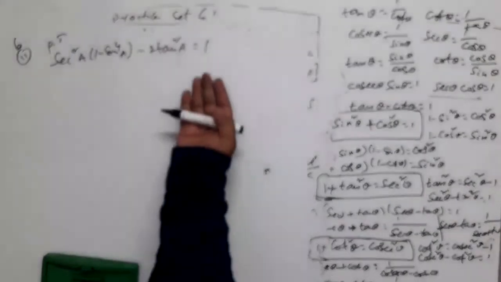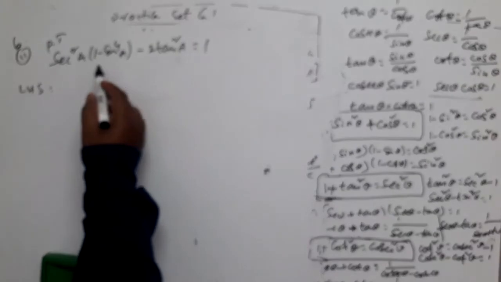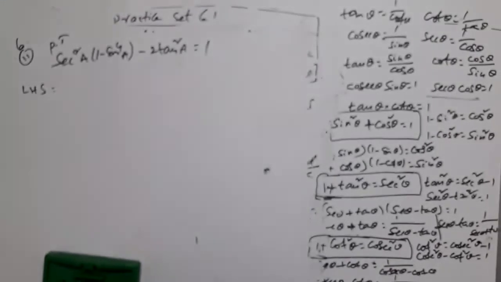The right side part contains simply a number 1. The left side part is a big expression. So let us start at the left hand side, simplify, and bring the right hand side part. Again, the left hand side part contains 1 minus sin power 4A, secant square A, tan square A. Any idea?